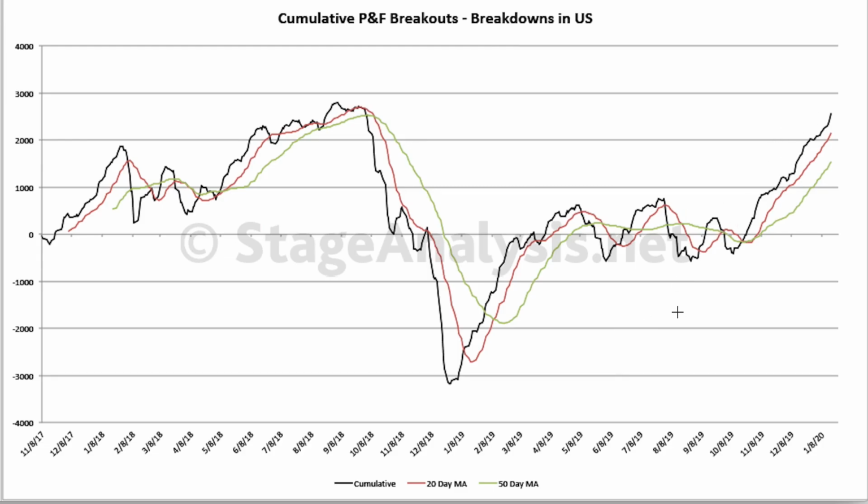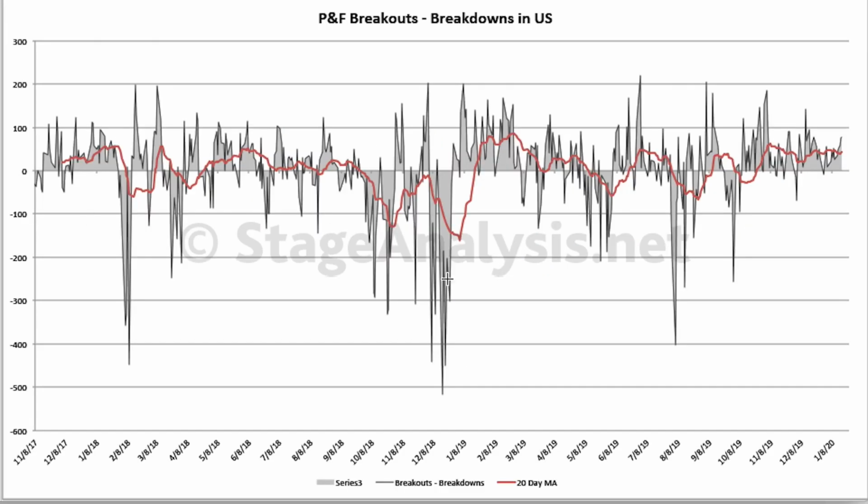So the cumulative line is looking very strong, and this is one I use for my market timing, because I find the point and figure charts are very good, because they don't include any kind of weighting. It's just a total of the stocks in the US market making point and figure buy signals. So it's a very good way to time the market.